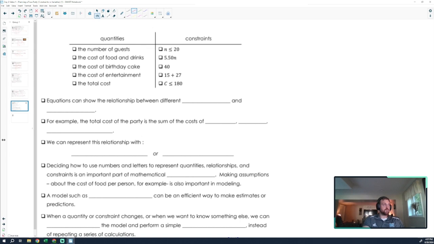All right, so looking at that chart, here's some of the constraints we can write with letters and numbers. Equations can show the relationship between quantities and constraints.